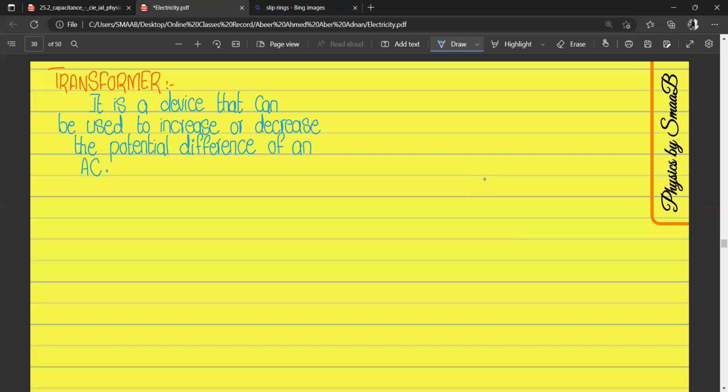Okay. So this is the main purpose of a transformer, to increase or decrease the potential difference.